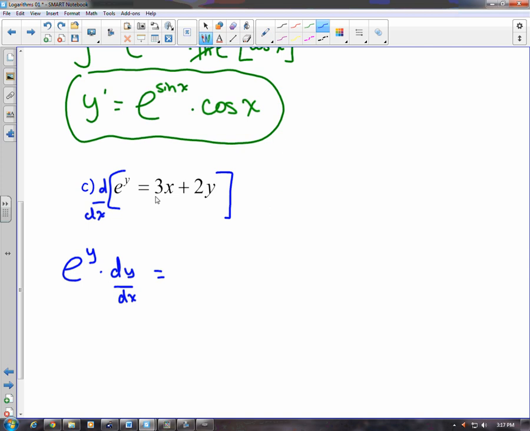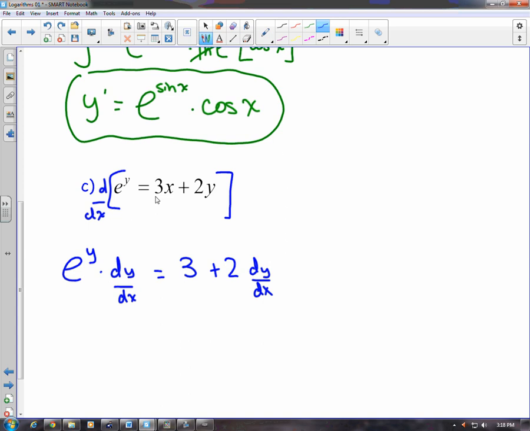And then on the right-hand side, if you derive 3x with respect to x, you get 3. And then if you derive 2y with respect to x, you get 2 times the derivative of y with respect to x. And so we've got two places there that we see the dy dx, so we need to kind of get them together, factor it out, and go from there.